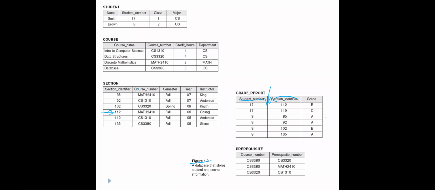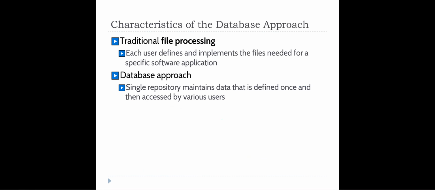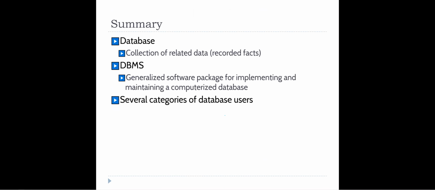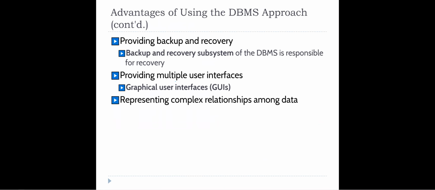No need to do redundant stuff, but some people might as well add the course number here, and might add a student number. So by adding these, you just put redundant stuff you don't need in the tables that you have, and that's called denormalization. Okay, so we have normalization and denormalization.